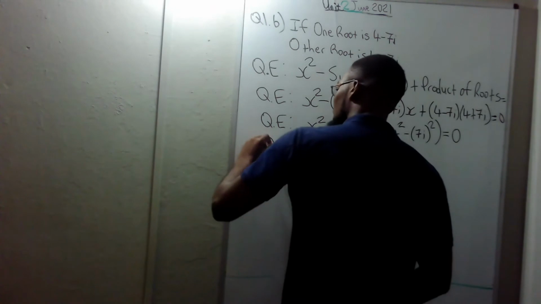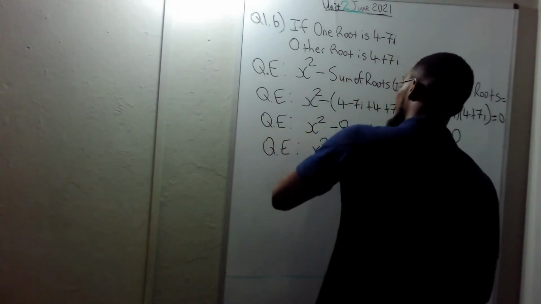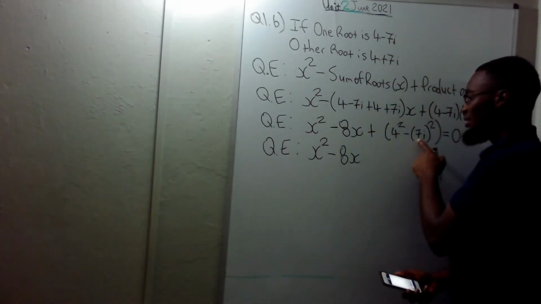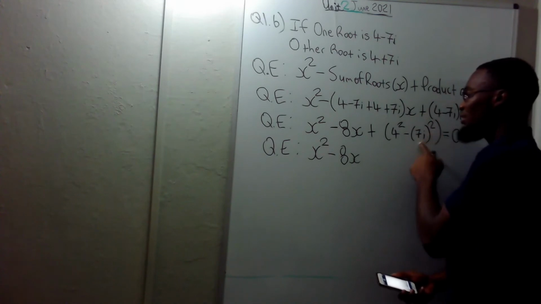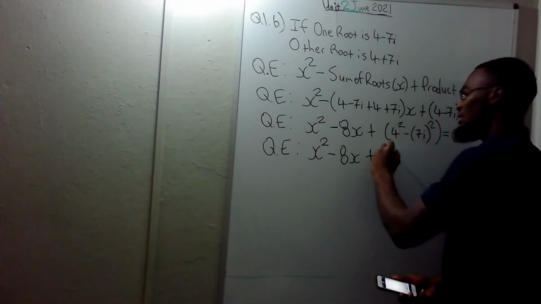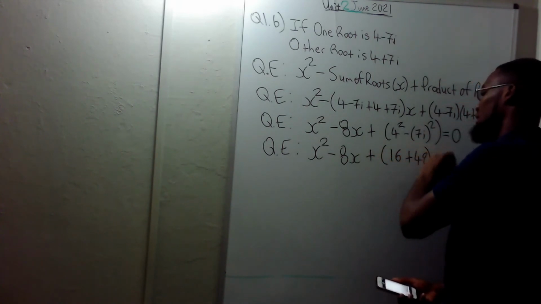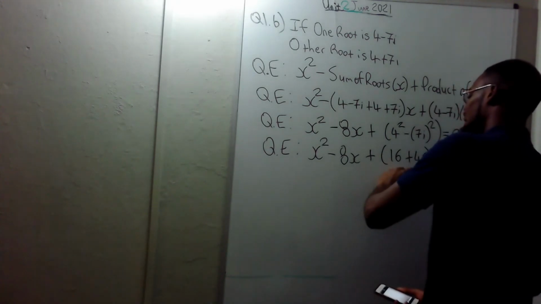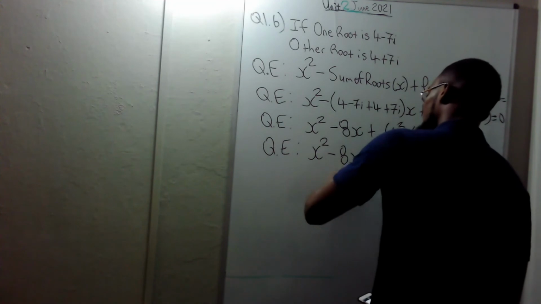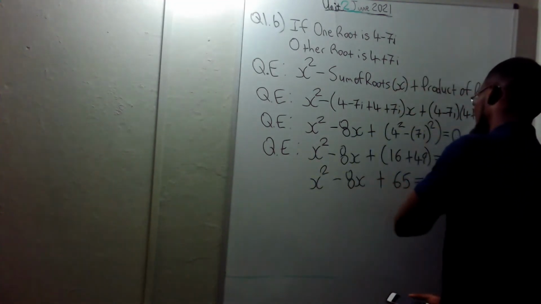So the quadratic equation is given by x squared minus 8x. 4 squared is 16. 7i squared is 49i squared. So that is plus 16 plus 49, and that works out to be 65. So this is minus 8x plus 65 equals 0. Put back the x squared. This is a quadratic equation.